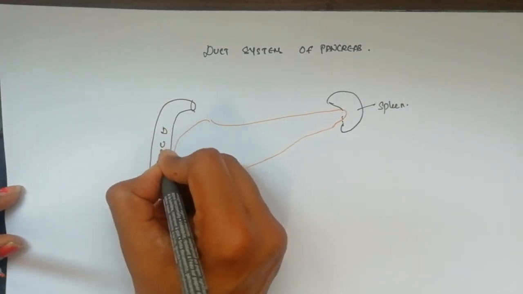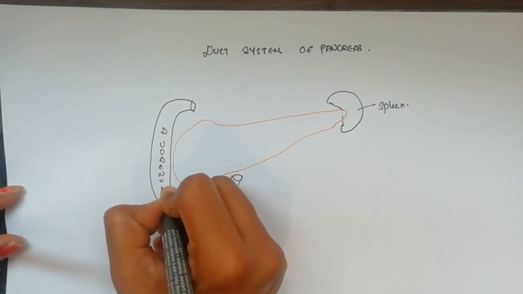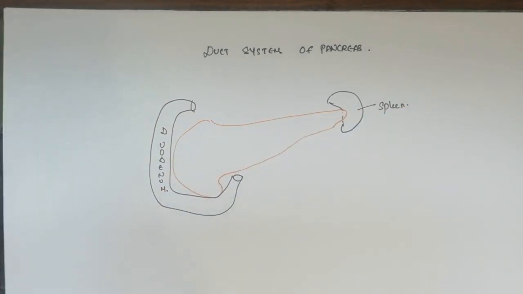So this is spleen and this is duodenum, as you know already. So this is pancreas. Now we have some type of duct arrangement.